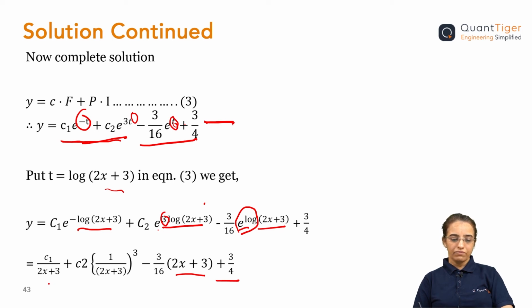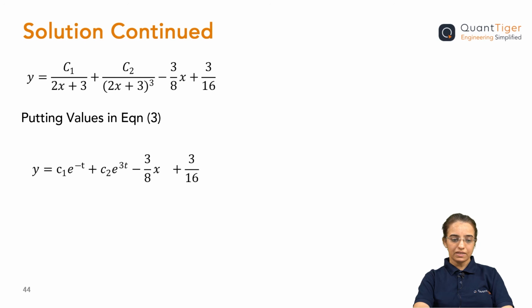So that's the reason we are getting these values over here. Now after simplification, whatever we will get, that is nothing but the value of your y, and that will be completely in the form of x, which is nothing but the independent variable. So now this is the final value after doing the simplification.